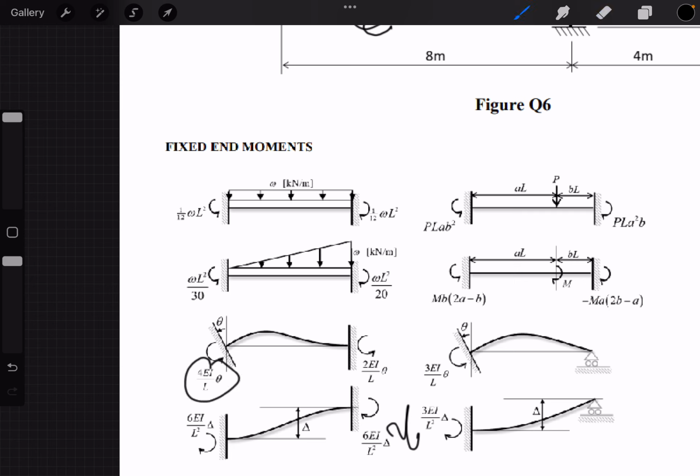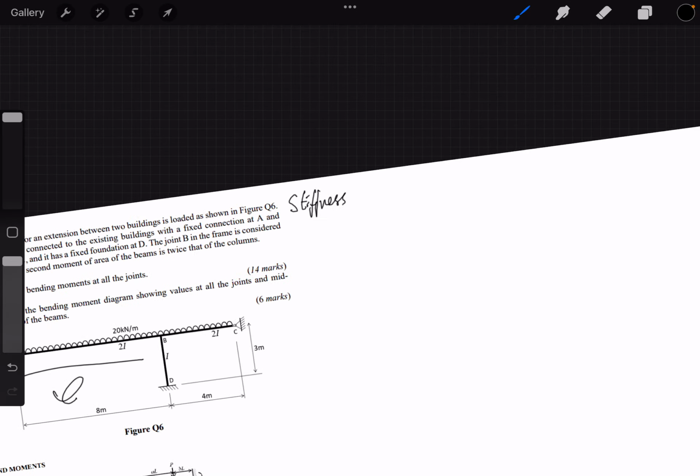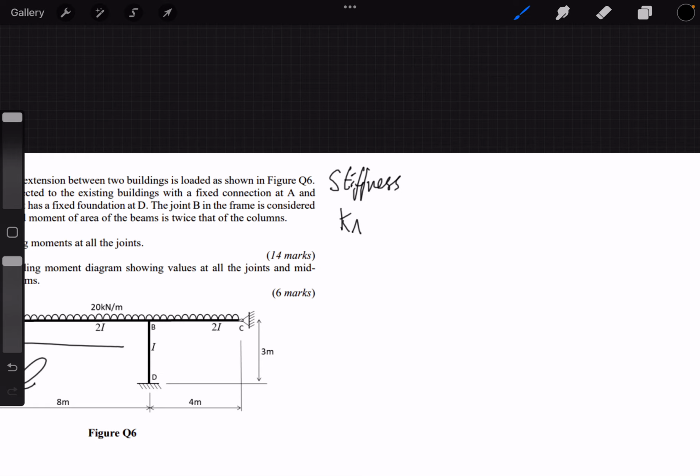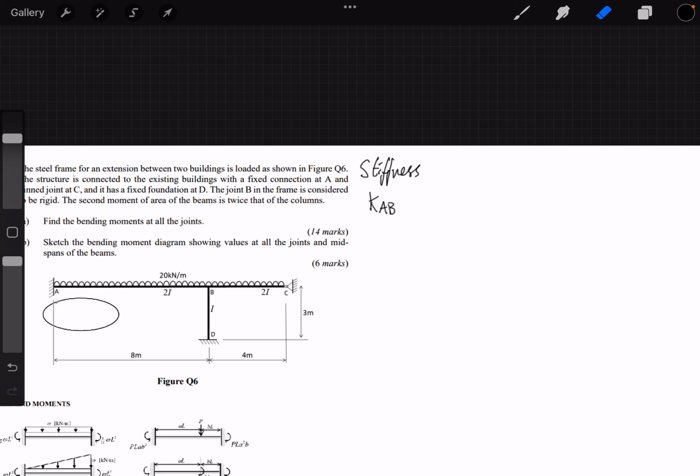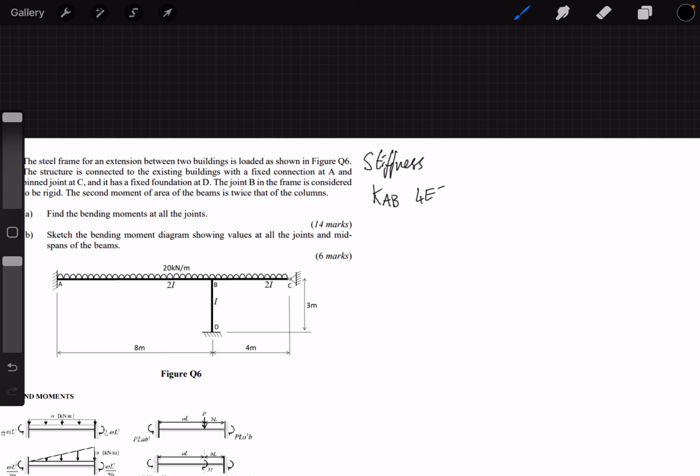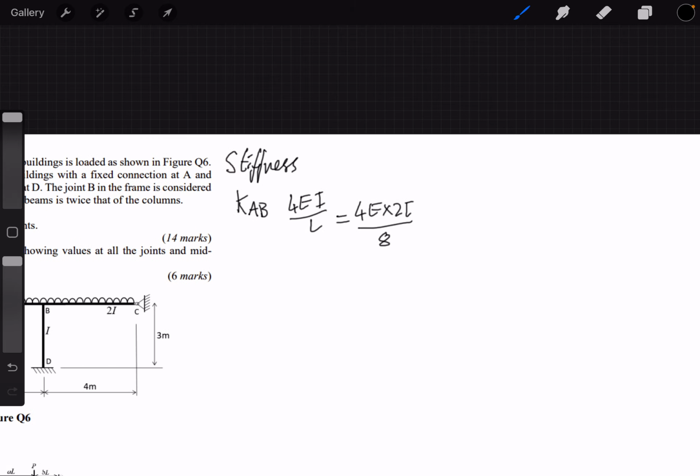So it's this one, 4EI over L. Okay, so that's the stiffness for AB, so KAB or KBA, whichever way you prefer, is 4EI over L. But here we see that it's actually 2I, so it equals 4E times 2I, and the length we see is 8. So it's over 8. So that gives us simply EI.